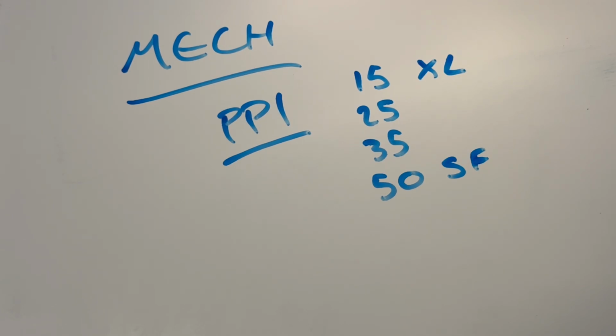50 will clog way faster than 15. However, 50 also has the largest surface area. 15 has bigger gaps, bigger holes, and therefore less surface area. Now why do you care?